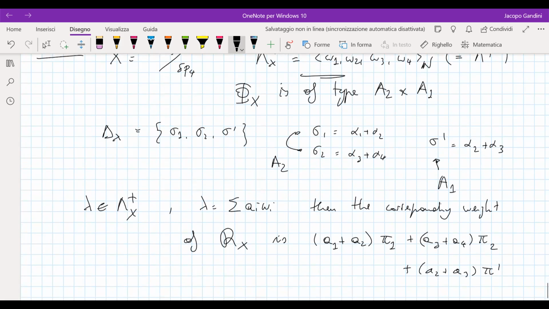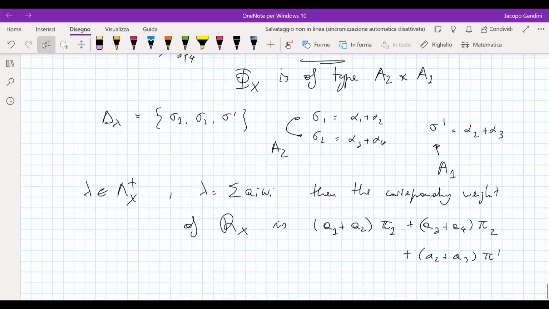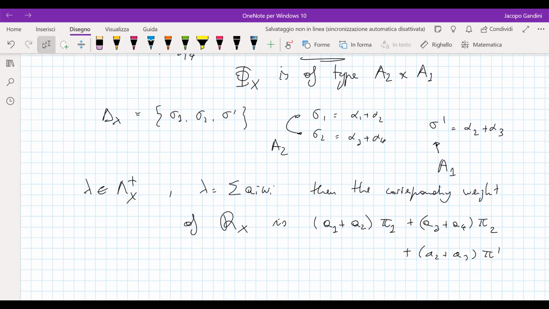So pi1 and pi2 are the fundamental weights corresponding to sigma 1 and sigma 2, and pi prime is the fundamental weight corresponding to sigma prime. But we see that before things were straight in some sense. Now things get mixed in these different components. So this is a big point in how things change from the symmetric case to the non-symmetric case.